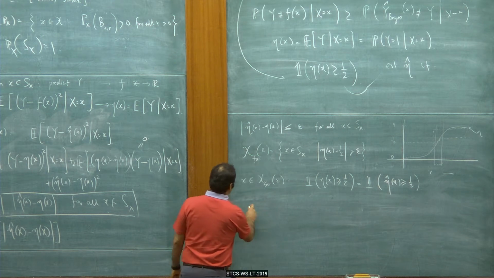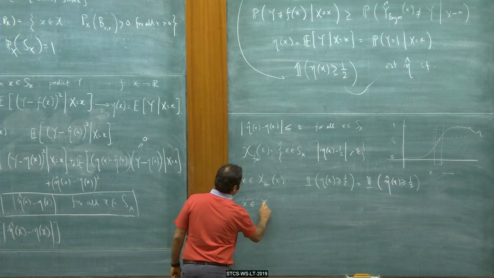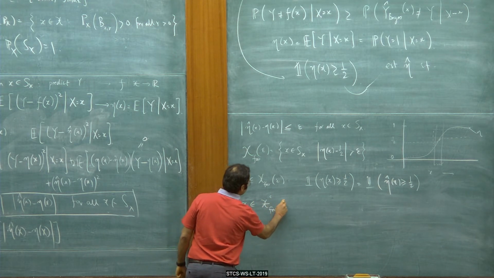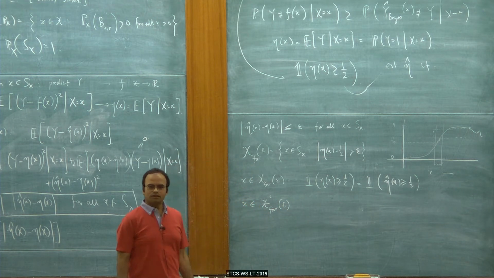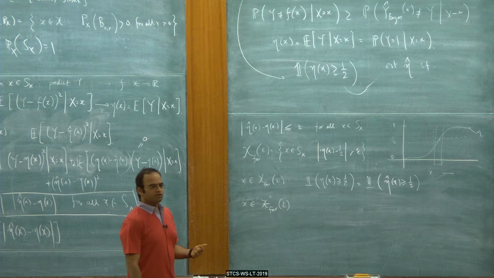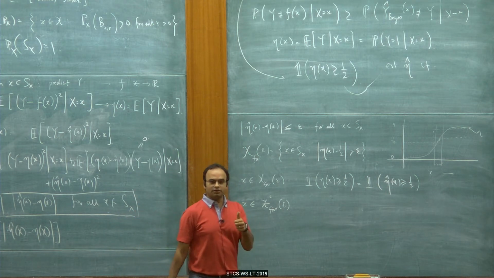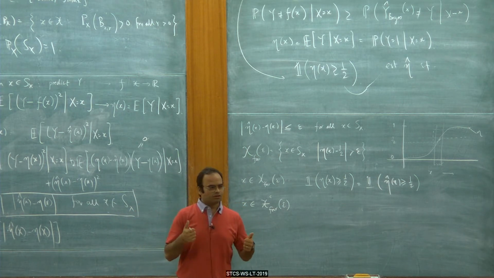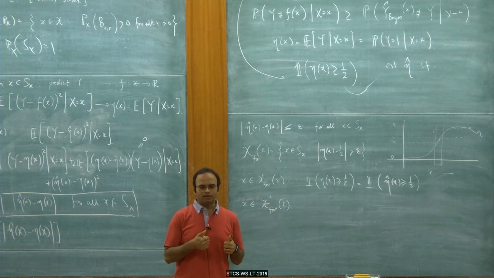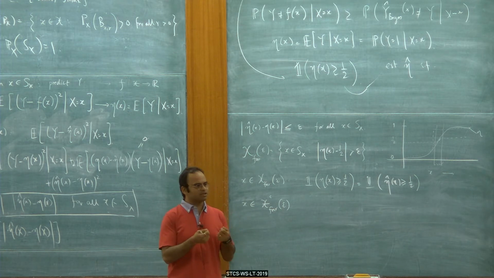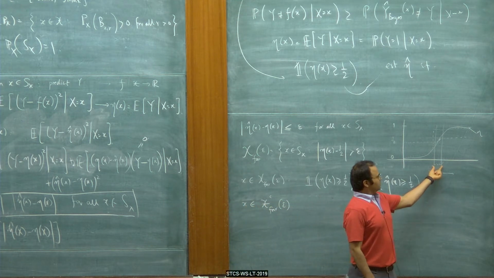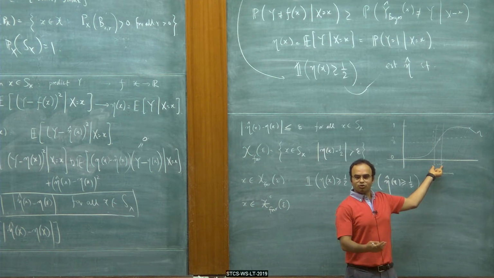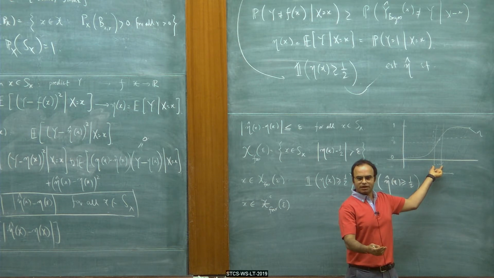Okay. Now, if x is in the complement of this set, what will be my error relative to the Bayes error? Well, suppose the Bayes classifier said 1 and I said 0. How far can my error be from that? 2 epsilon, because I'm just around the corner. Say we are here. Given x, the Bayes classifier will say 1, and y will be 1 with probability at most half plus epsilon.